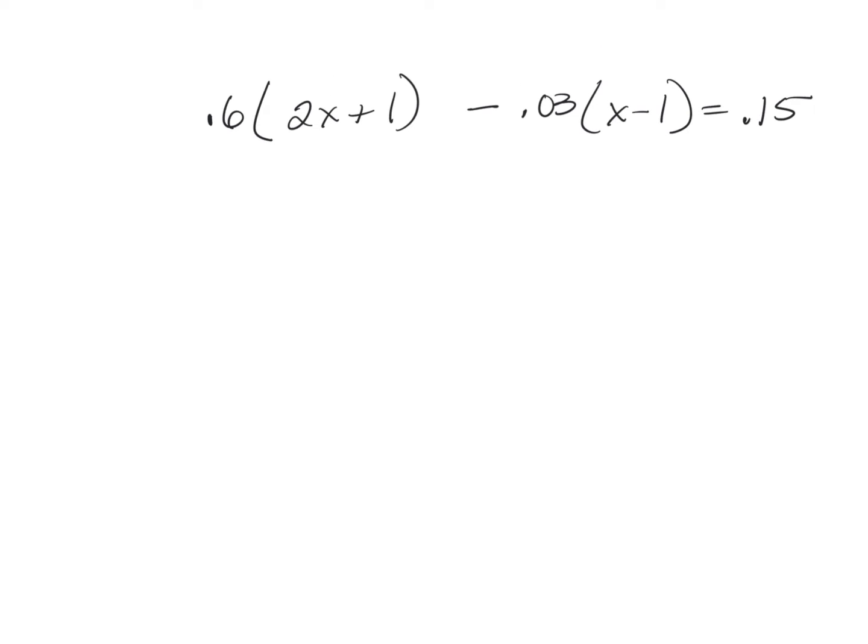Lots of ways to approach this. You can just leave the decimals right where they are. It won't change anything. But you could also multiply both sides by 100 to get rid of the decimals.